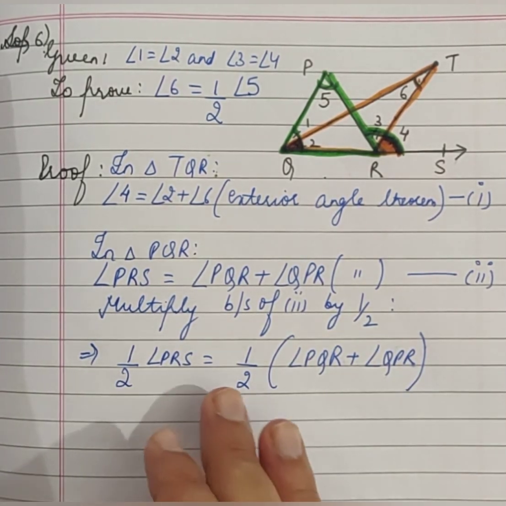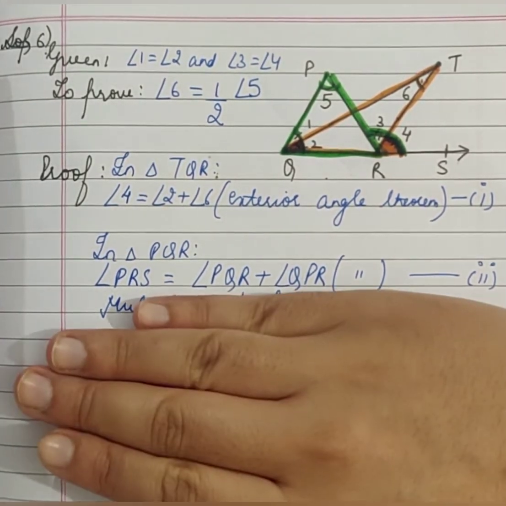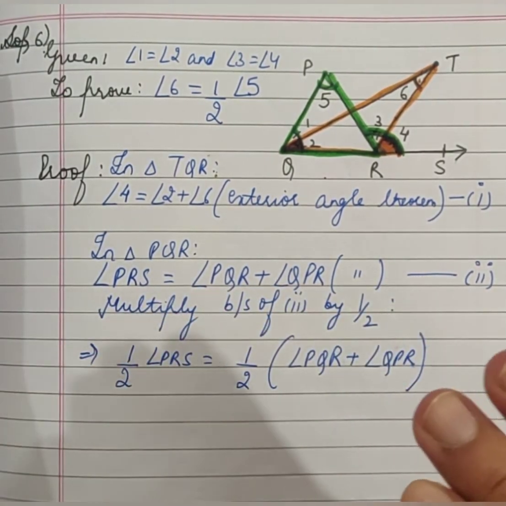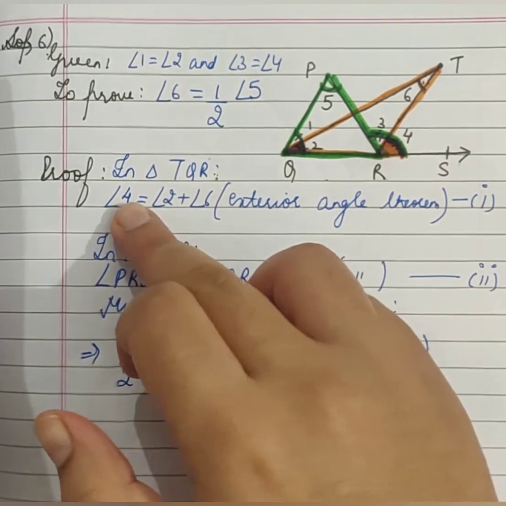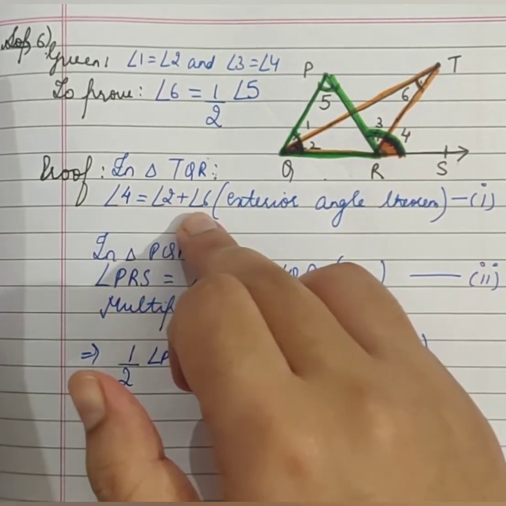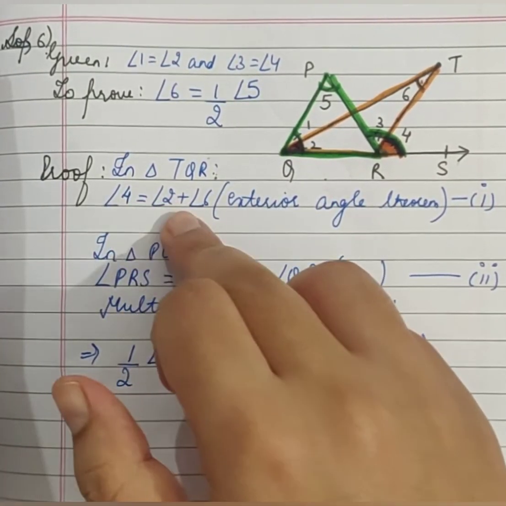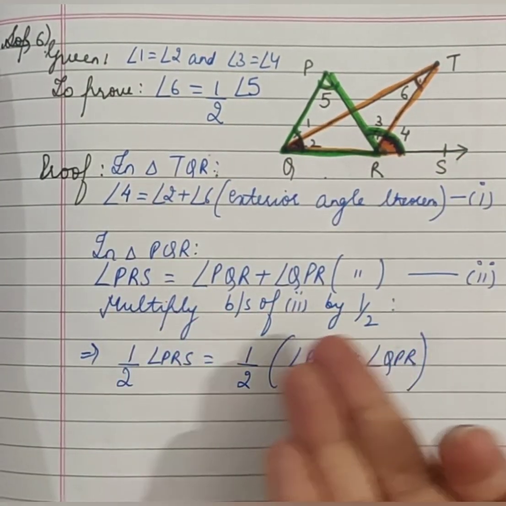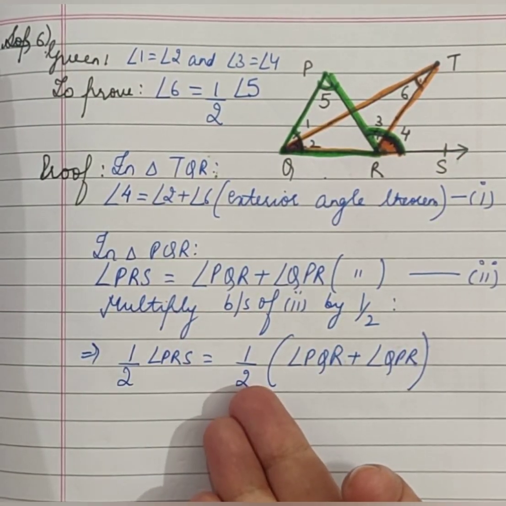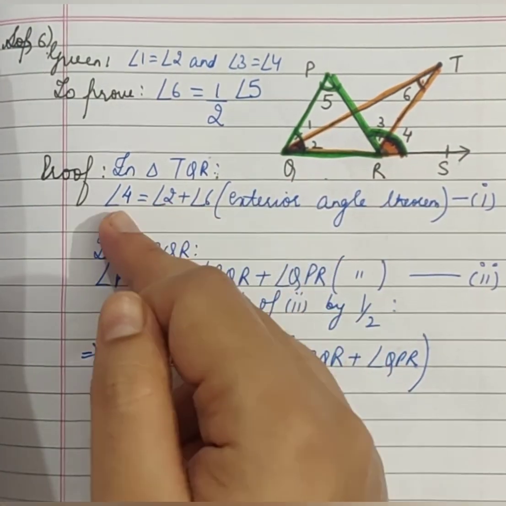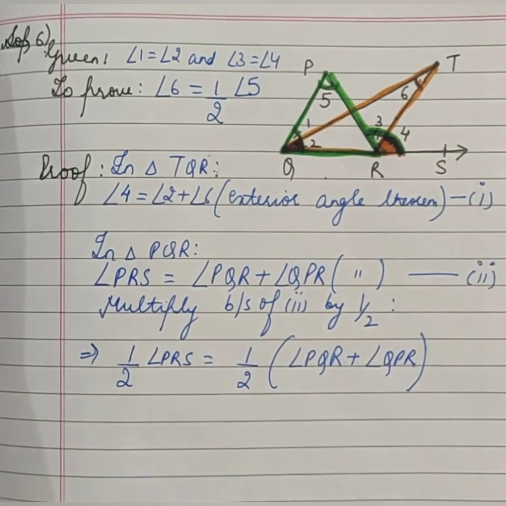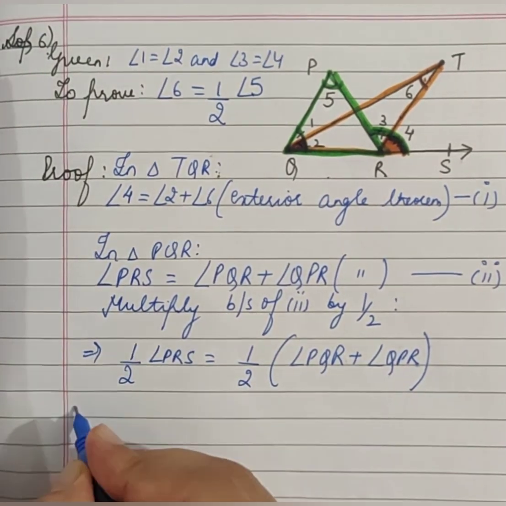You can also do it like this: if you are doubling both the sides of equation 1, this is also fine, or you can multiply both the sides by 1 by 2 here. It would be same.